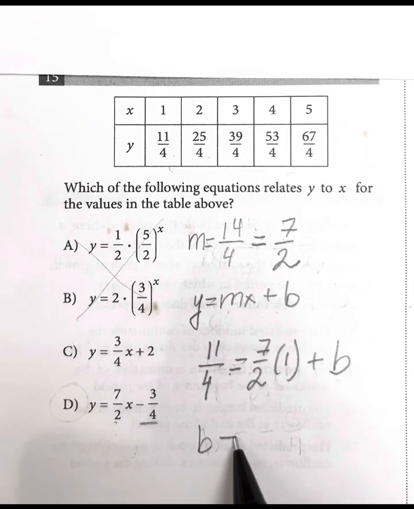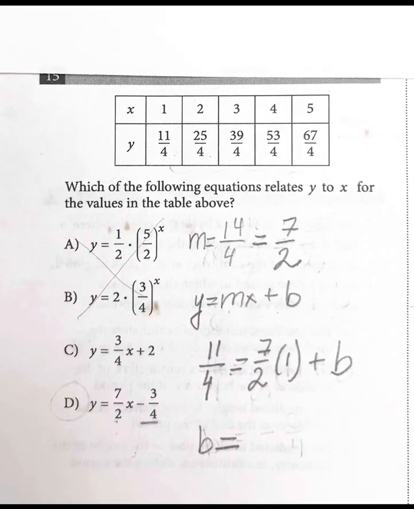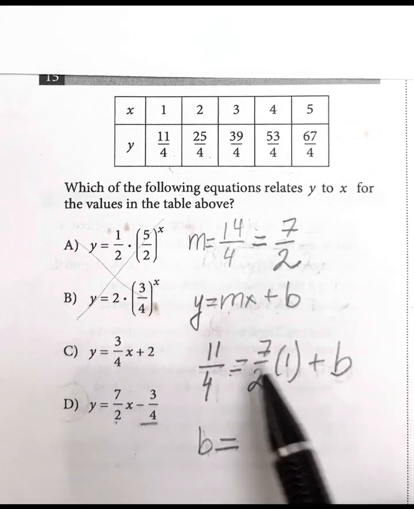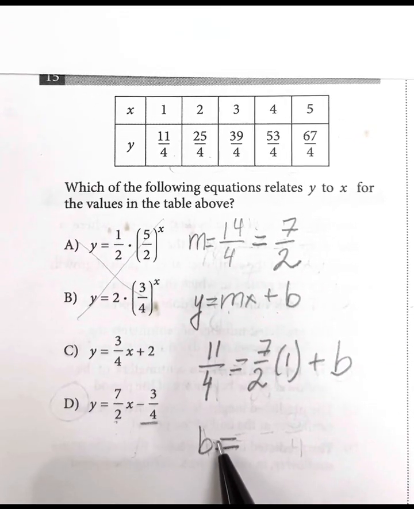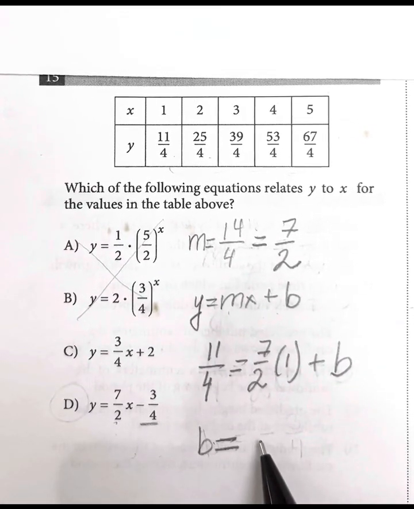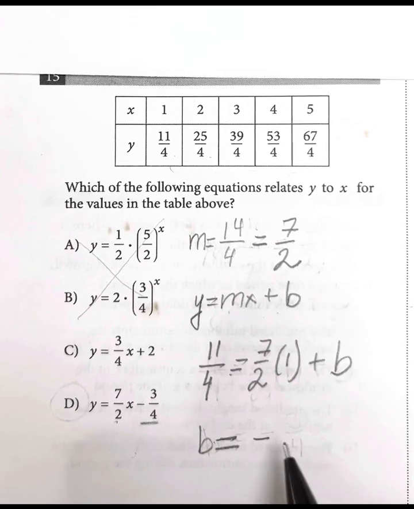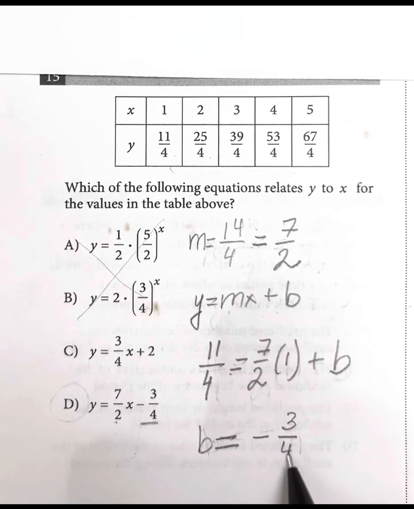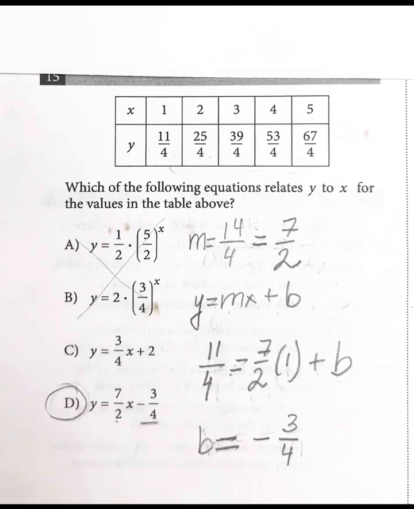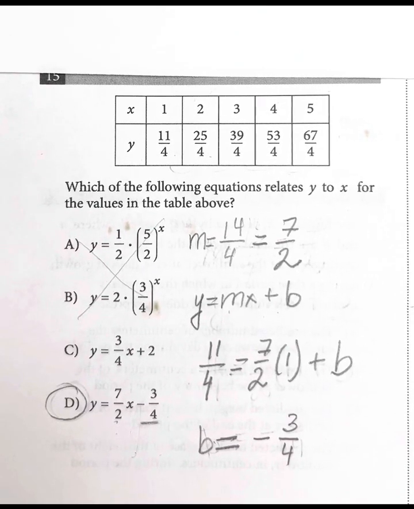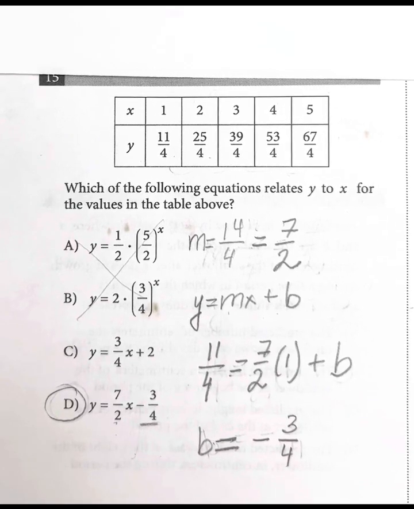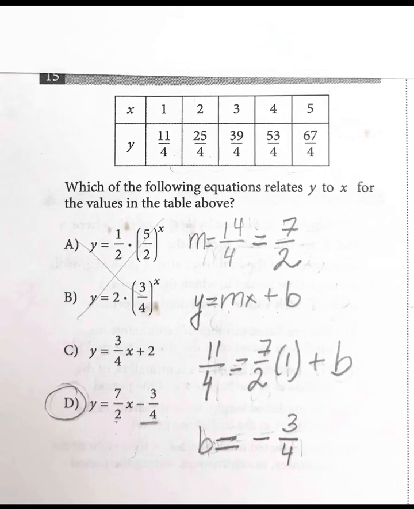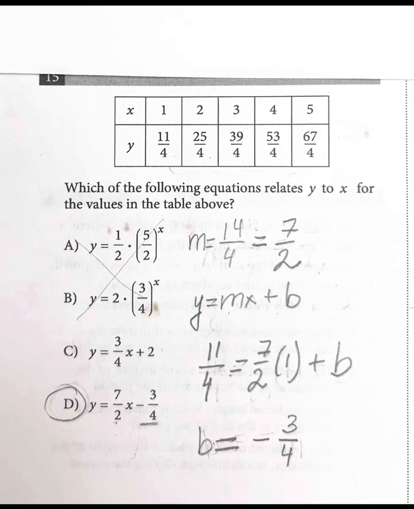Solving for b, we just subtract those two fractions, and you will see the answer is negative 3 over 4, which of course connects us to option B. You can always, before you start watching the video solution, stop and try to solve it yourself, and then check if you get the correct answer.